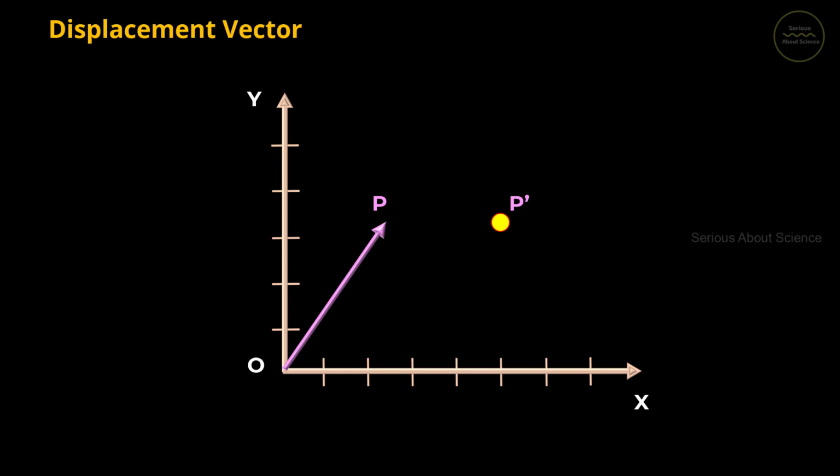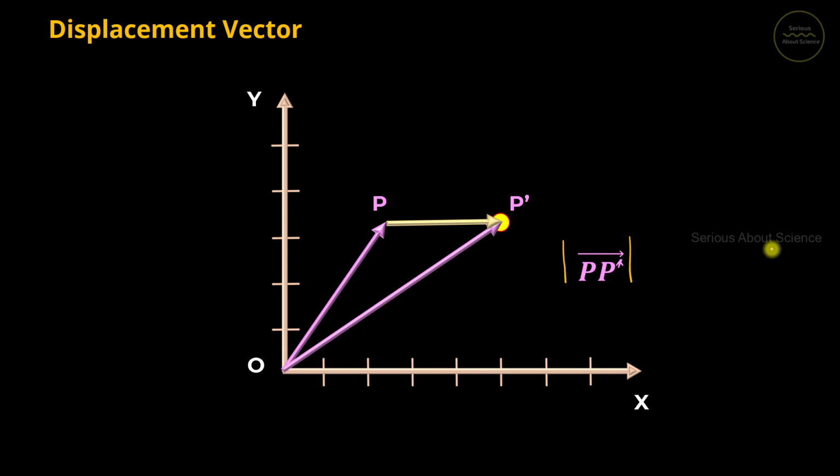If I again join a vector from the origin to this point, we will get the next position vector, that is OP dash. Now here the displacement vector is given by joining the initial position and final position. That is, if I draw a vector such that it starts from P and ends at P dash, that is our displacement vector. So here the displacement vector is given as vector PP dash. And we can easily find this vector by taking the difference of final point minus initial point. Or if we need the magnitude, we can just take the modulus of this vector.